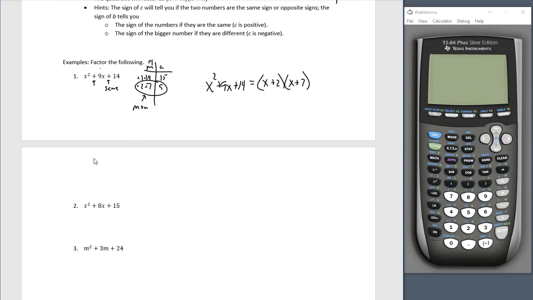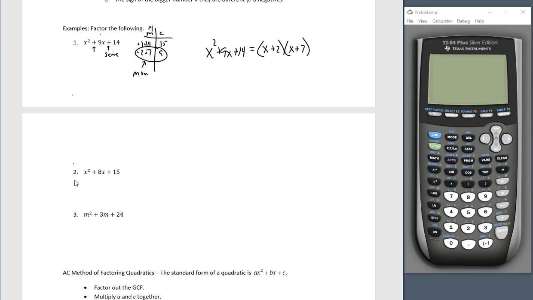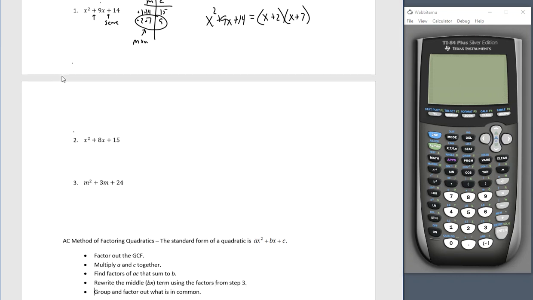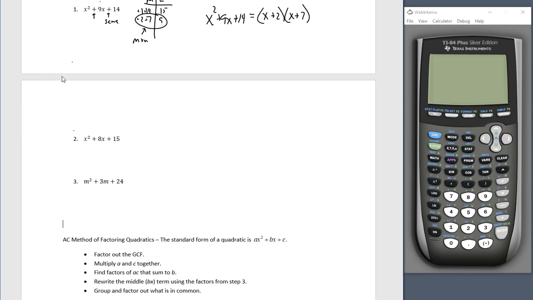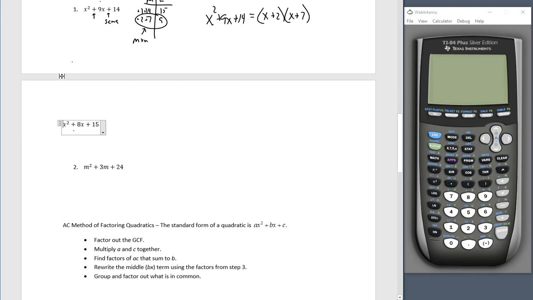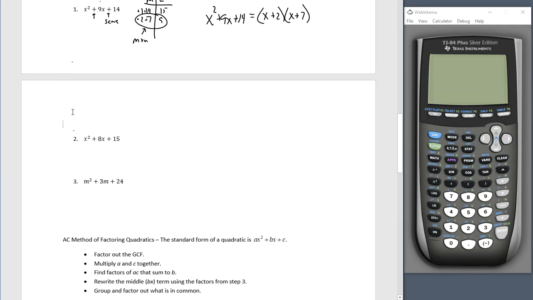Let me see if I can get it on this page here. I am going to not do that. Well, okay then. I have to find my cursor. It'll make sense in a minute. No, it probably won't. There's really no need for me to do that. I'm just wasting time here, it turns out.